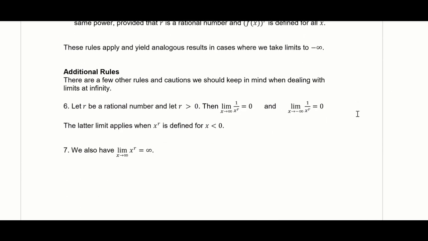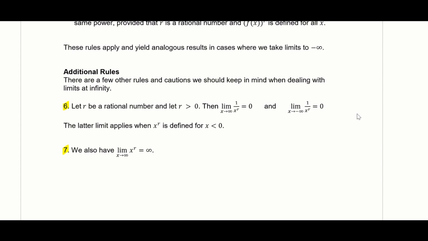Now, two additional rules that can be extra helpful when we're talking about limits at infinity are rules 6 and 7. So let r be a rational number and let r be greater than 0. Then if we're taking the limit of the function 1 over x to the r as x goes to infinity, that limit is going to be 0.